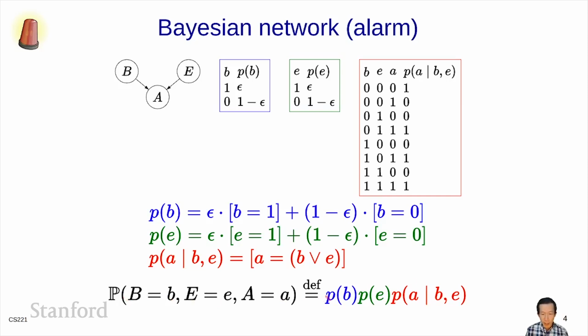One is lowercase p, which is used to specify the local conditional probabilities, and the blackboard uppercase P is reserved for the joint distribution and also derived marginal and conditional distributions. Notice again that these local conditional distributions are just defined, whereas this joint distribution is derived from the local conditional distributions.